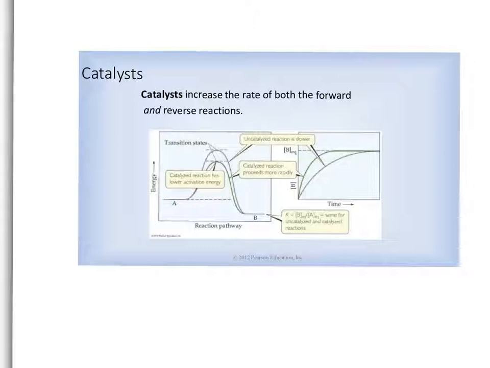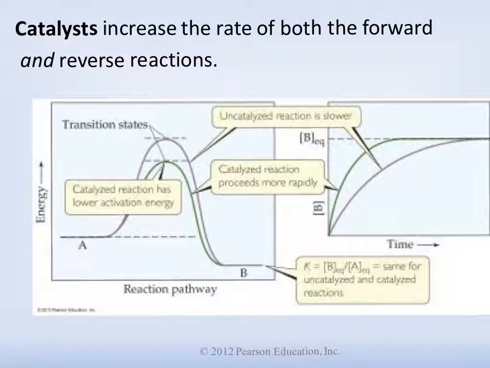It can give us an alternate pathway with a lower activation energy. So there's the catalyzed reaction, with lower activation energy. As a result, that reaction will occur faster. We can look at the slopes of the catalyzed and uncatalyzed reactions. You can see the slope is more extreme and therefore the rate is faster for the catalyzed reaction. So that's what we looked at in the last unit.